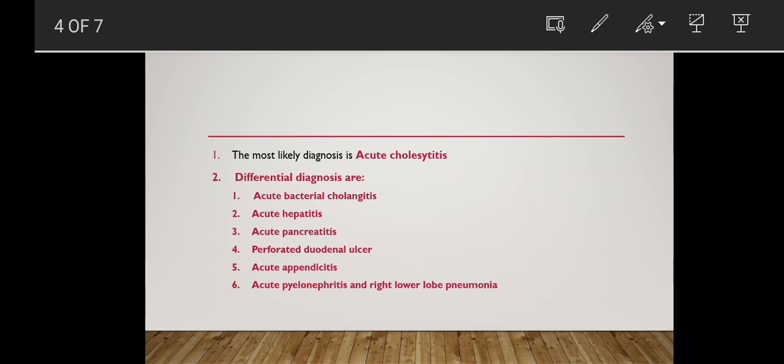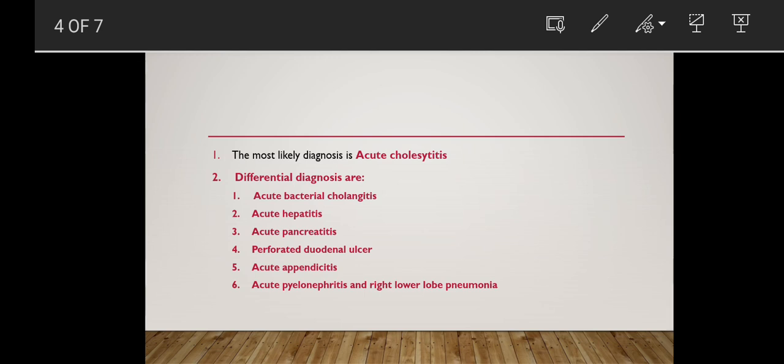So we can include it in our differential diagnosis on the basis of some signs and symptoms which resemble acute cholecystitis, like vomiting, diarrhea, abdominal tenderness and abdominal pain. But the pain initially is around the umbilicus, due to which we can confuse it with acute cholecystitis, but later on the pain shifts toward the right iliac fossa.